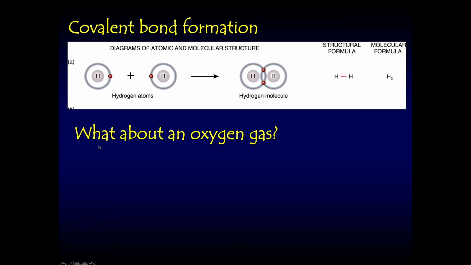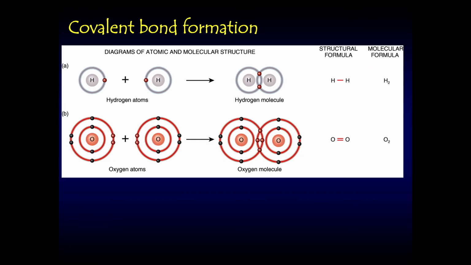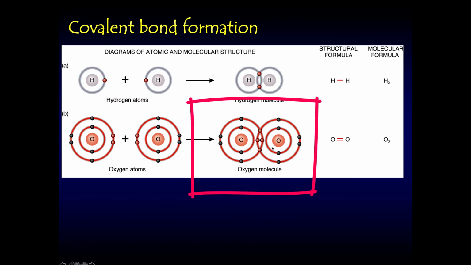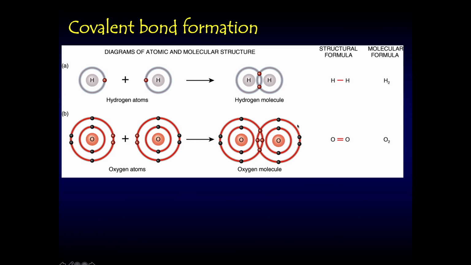Now if we were to do the same thing with oxygen gas, we would first ask, what's the molecular formula for oxygen gas? And Siri would tell us O2. So we diagram 2 oxygen atoms on the left side. Then we mash them together to fulfill the outer shell desire to have 8 electrons.